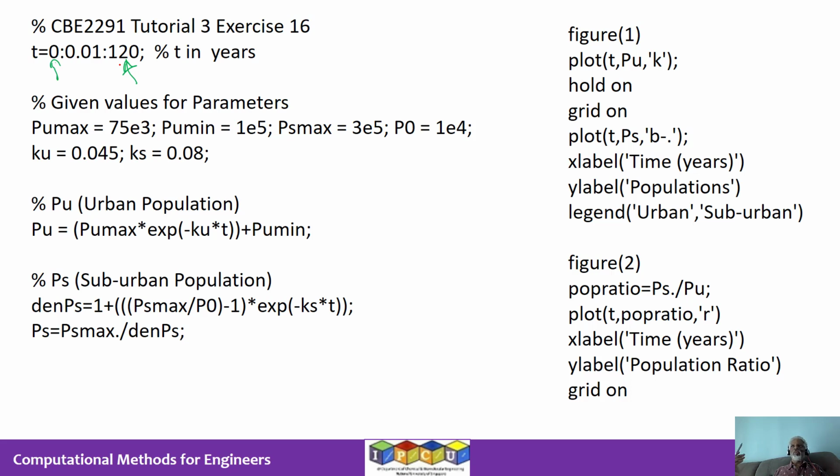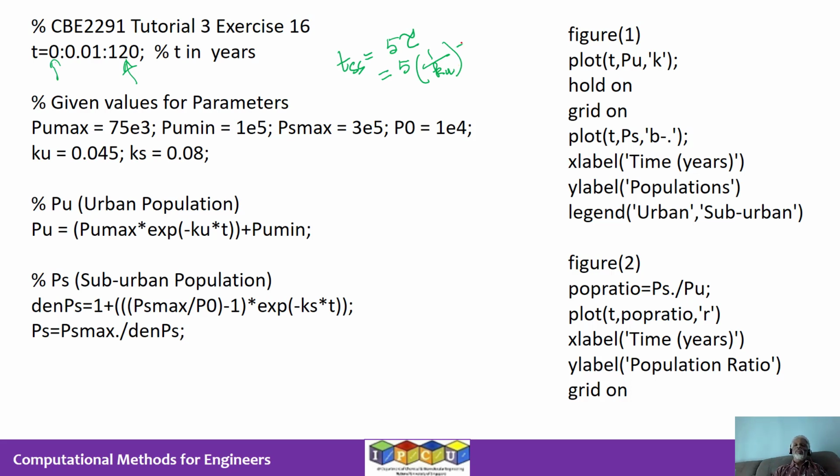If you do a course on process control, you will learn that a first order system will reach steady state in 5 time constants. The time constant is denoted by the symbol tau. So a system will take 5 time constants to reach steady state. In this case, the time constant will be 1 by Ku, where Ku is the decay rate, if you like.